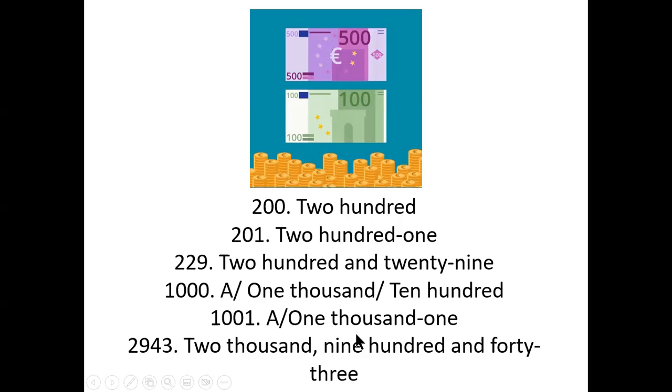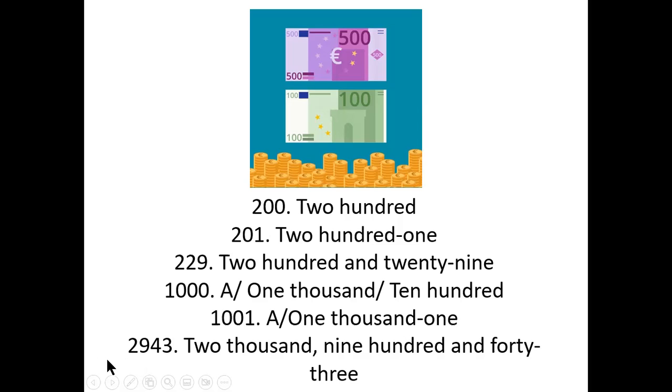1,001, 1,002, or 2,001, 2,002, 2,003, 2,004, etc. Now, 2,943.